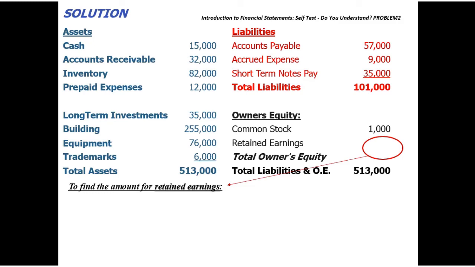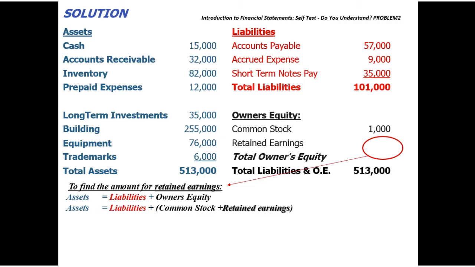To find the amount for retained earnings, you know that assets equal liabilities plus owner's equity. So assets equal liabilities plus common stock plus retained earnings. $513,000 equals 101,000 plus 1,000 plus retained earnings.